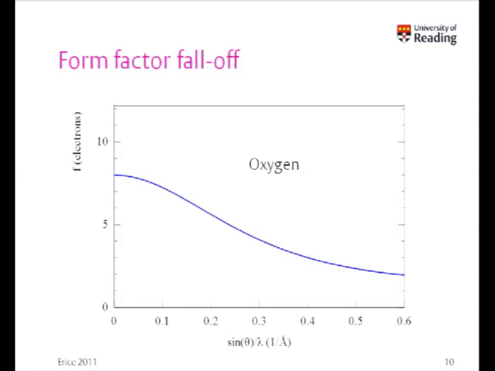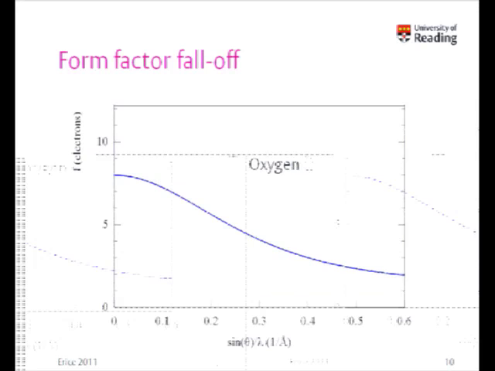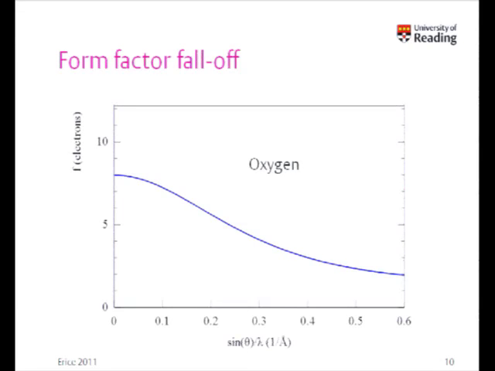The other thing I mentioned is that we have the problem of the form factor fall-off. With most organic materials, the heaviest atoms that you will find will be chlorine and sulfur. And they're, in the grand scheme of the periodic table, not got that many electrons. And as you know, the scattering power of an element at 0 sine theta over lambda is the number of electrons.